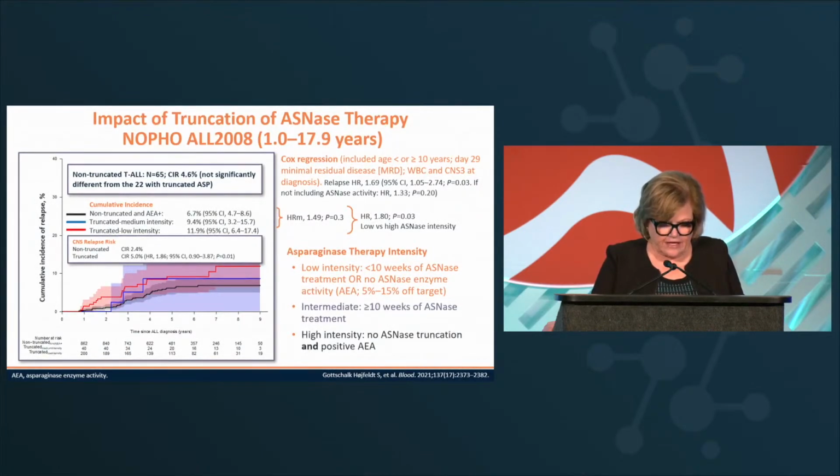And then those that had low intensity, meaning they had less than 10 weeks of asparaginase therapy, so they really stopped early, you can see that their cumulative incidence of relapse is 11.9%. So we know that stopping asparaginase therapy can have a significant impact on the overall risk for relapse for our patients with ALL or with lymphoma.